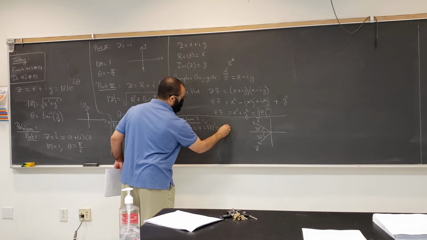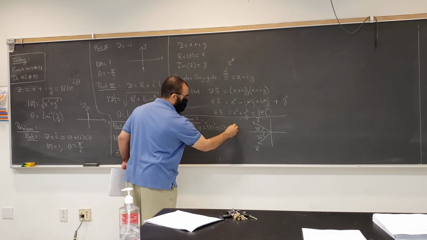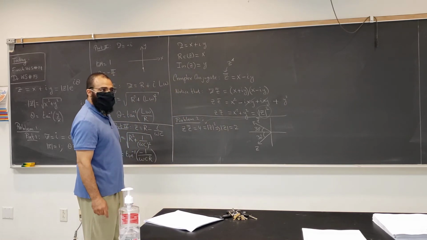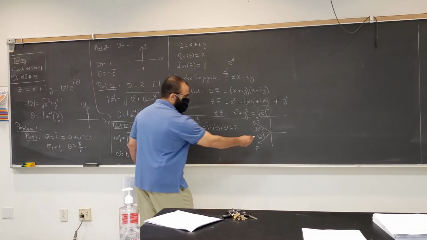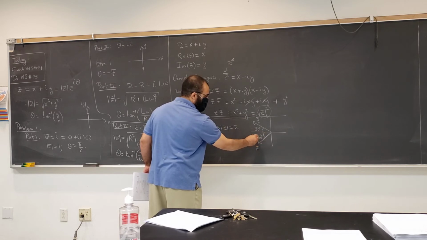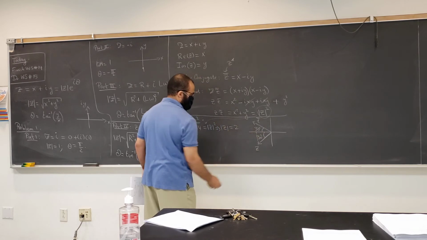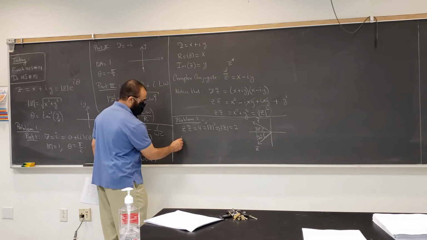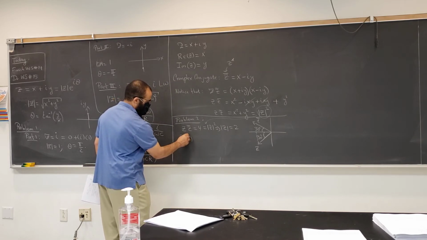Therefore the magnitude of z is 2. Yeah, just 2. So the magnitude of z is 2, and this angle is 30. So what can I say about the x, which is the real part of z?